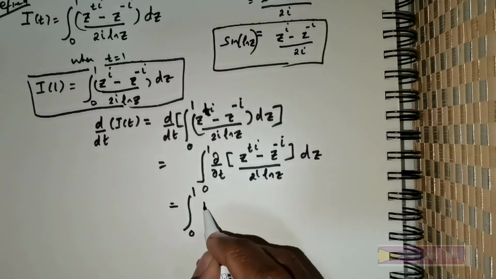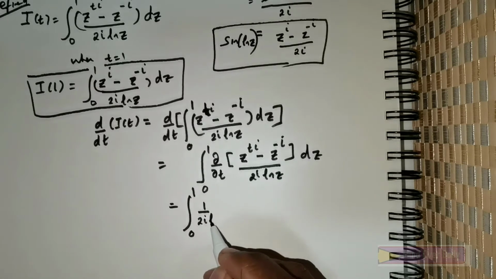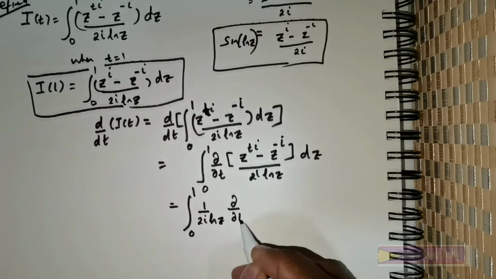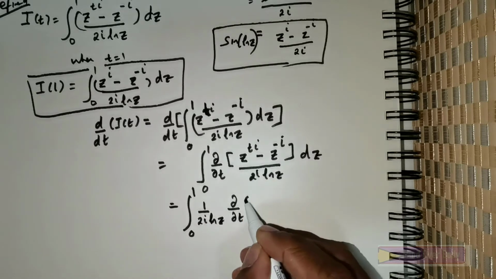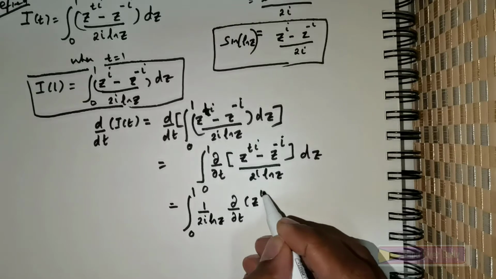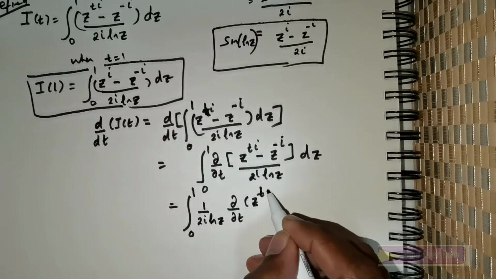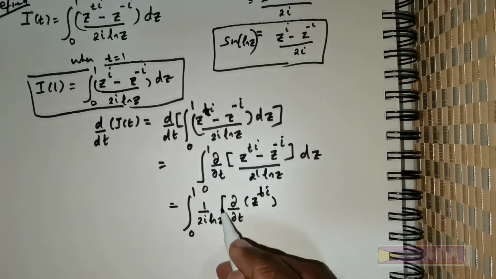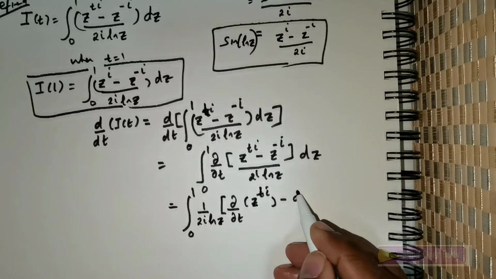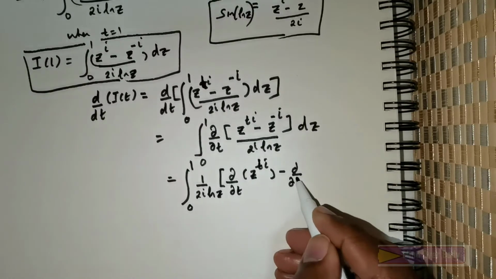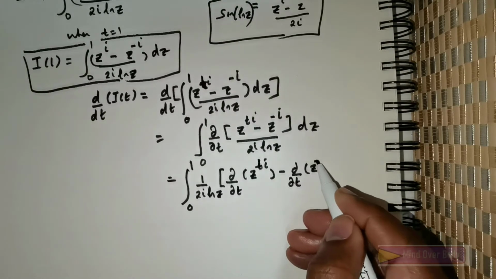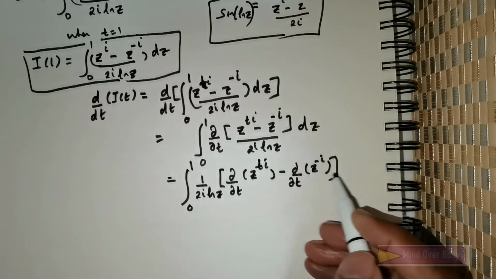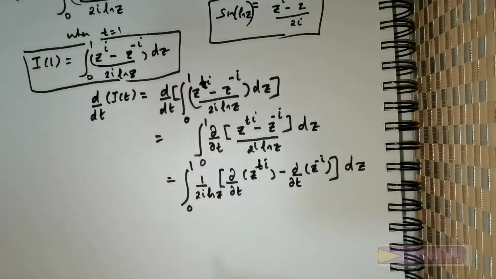I'm going to take 1 over 2i times ln z out and bring dou over dou t inside: dou over dou t of z raised to the power t i, minus dou over dou t of z raised to the power negative i, dz, the operator.